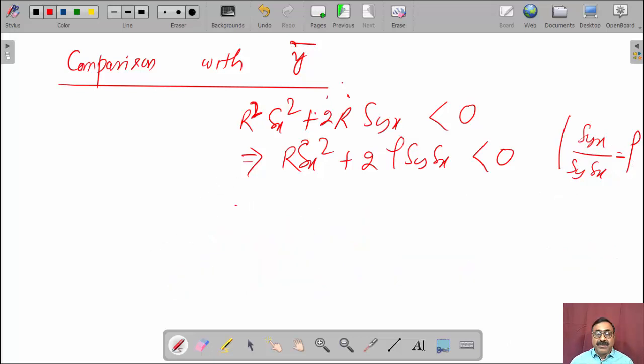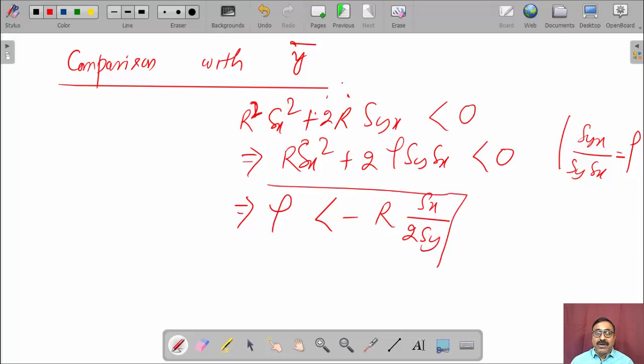That implies rho is less than minus r sx by 2sy. So this is the condition when the product estimator is preferable to the mean per unit estimator.